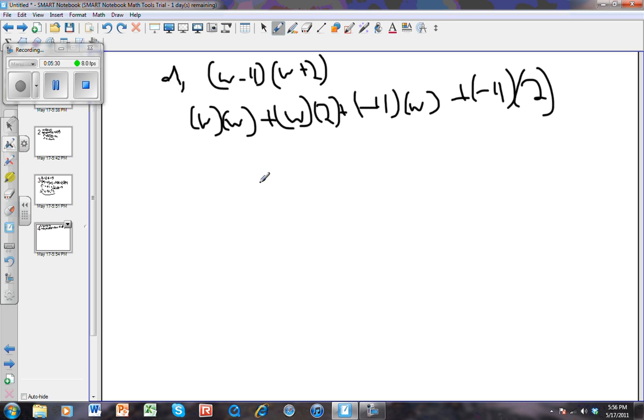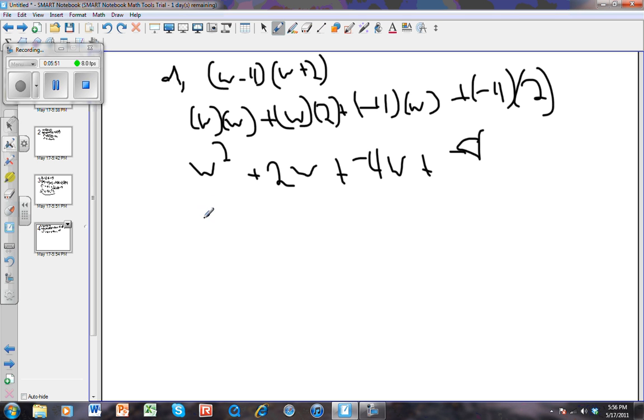Okay, so then we're going to simplify this expanded form and make it W squared plus 2W plus negative 4W plus negative 8. And then we're going to simplify this further by putting these two together.